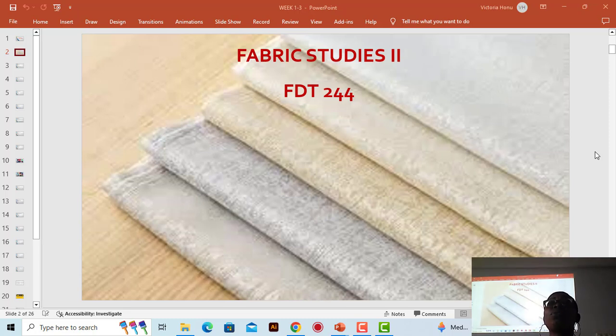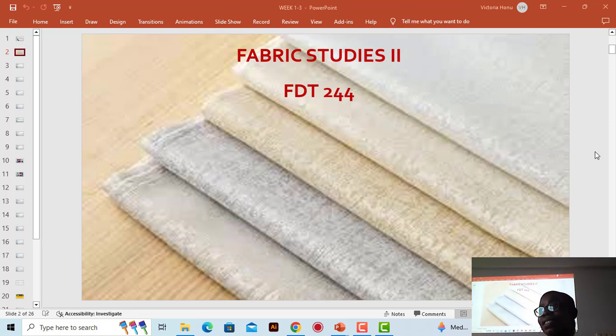Give me an example of textile since we know what fabric is. Give me examples of textile products.